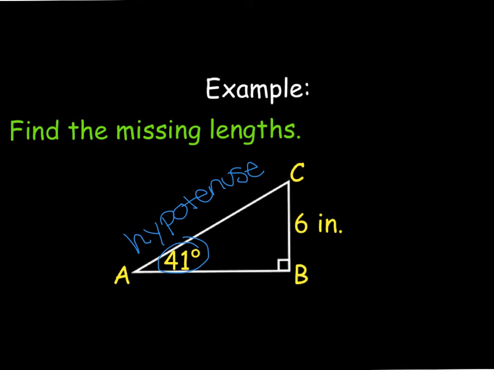The other side that's helping to form it is segment AB, so that makes segment AB your adjacent side. And then finally, you label your opposite side, which does not help form the angle that you're talking about. So this would be my opposite side.